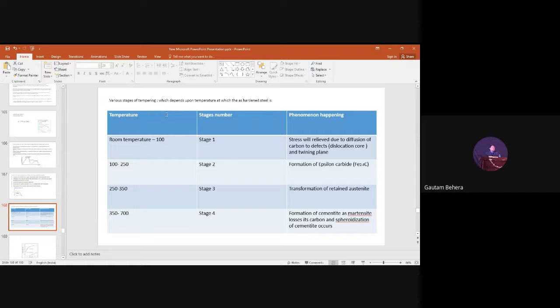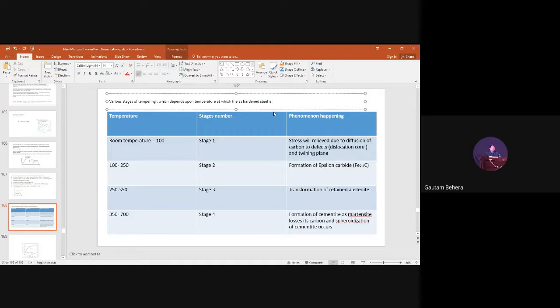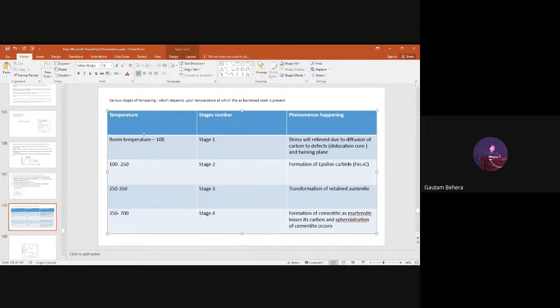So you can see we have a very nice table here. You can see various stages of tempering, which depend upon the temperature at which the age hardened steel is present. Suppose your temperature is from room temperature to 100 degrees centigrade.